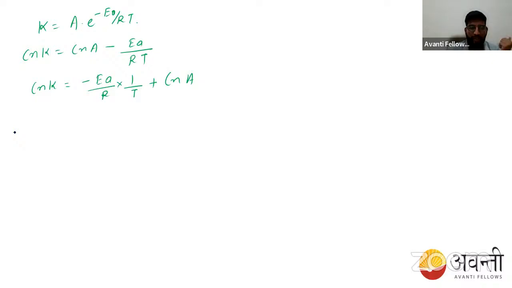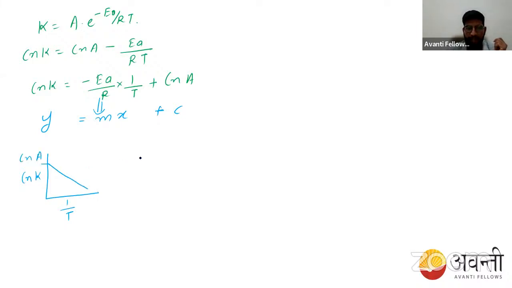So this is ln k versus 1 by T. Here there is a y-intercept whose value is equal to natural log of A. So this is our plot. Here slope will be minus Ea by R. So what is the value of slope here?